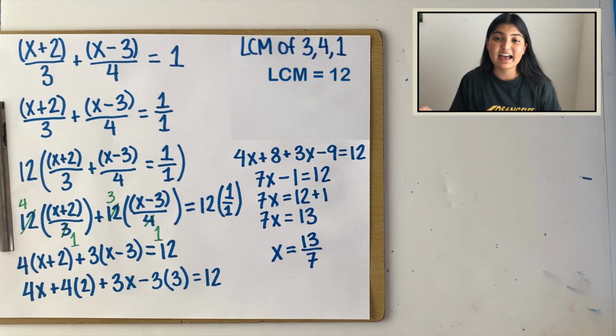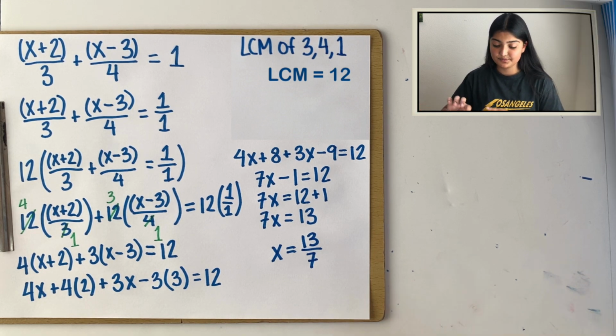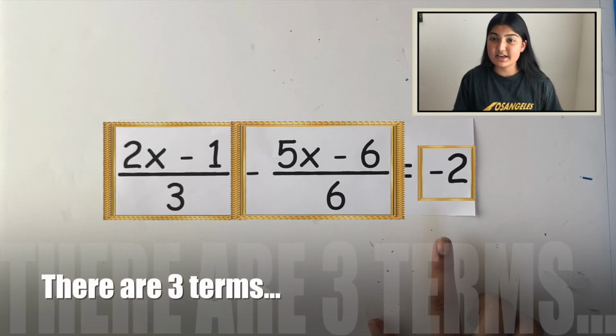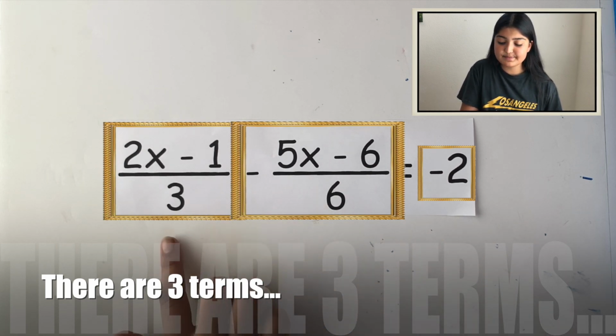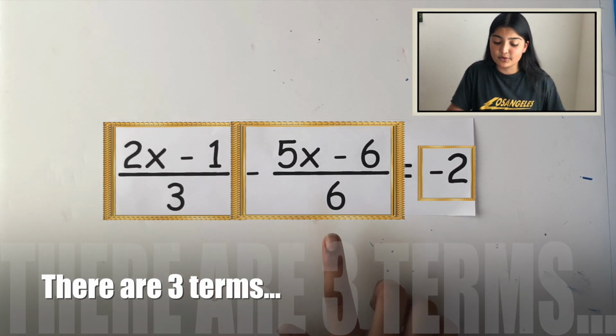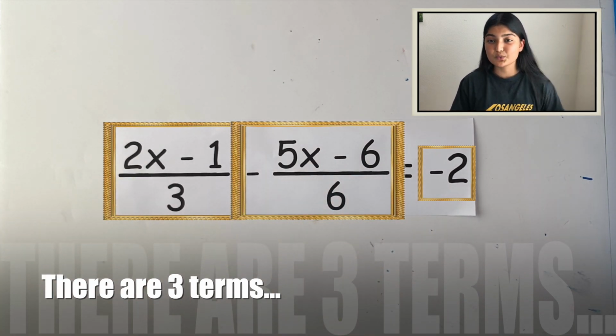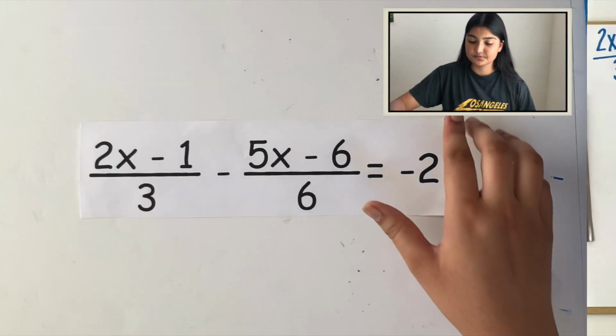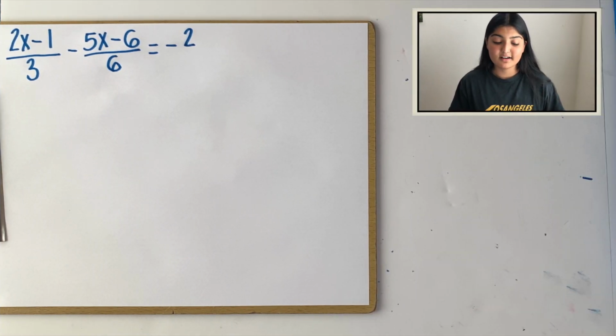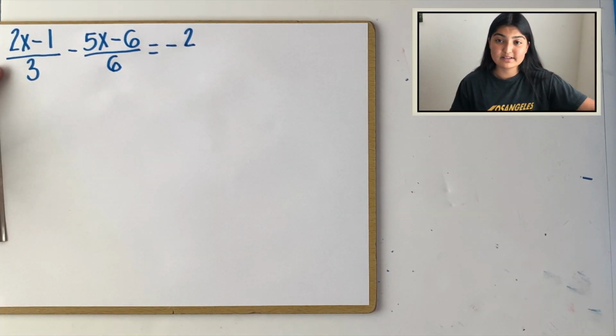Now let's look at a final example. Here is another equation. Again, we are dealing with fractions, and the variable is x. So let's rewrite this equation. Here, I rewrote the equation.